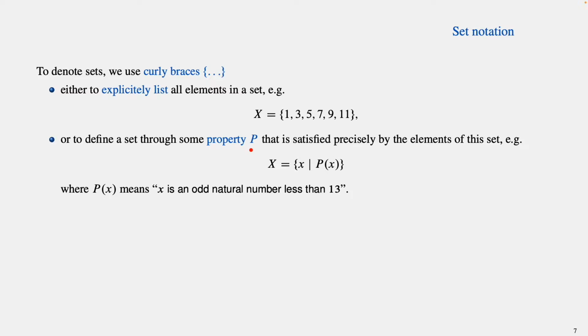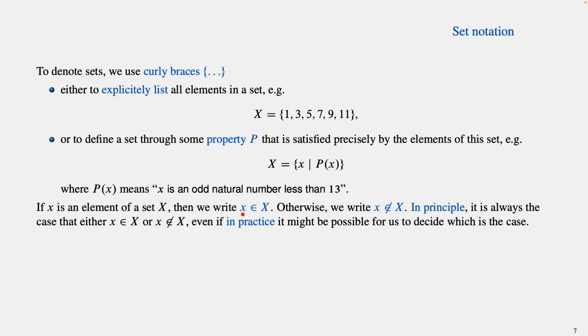So we can define a predicate. In this example, we could define the predicate P(x), meaning x is an odd natural number less than 13. And then we would write within the curly braces that big X is the set of all elements x that satisfy this predicate P(x). And then this would be exactly the same set as this one.